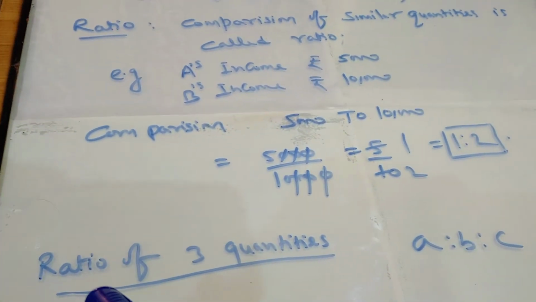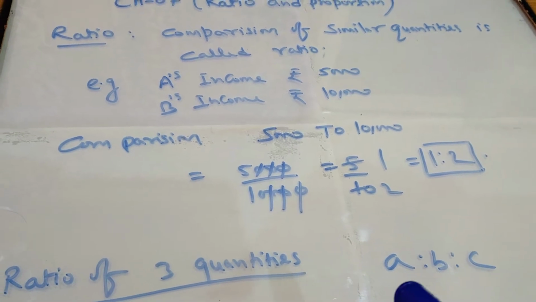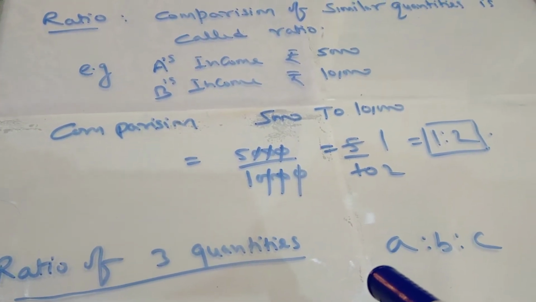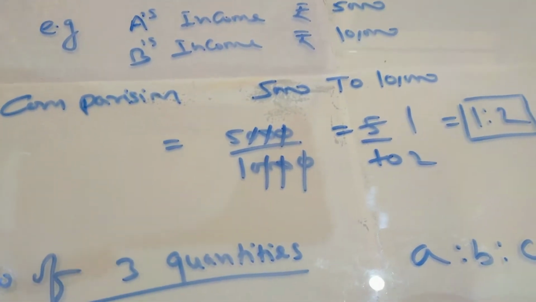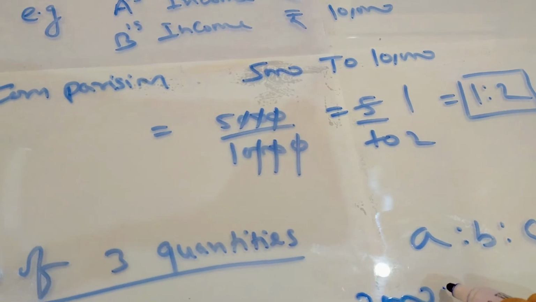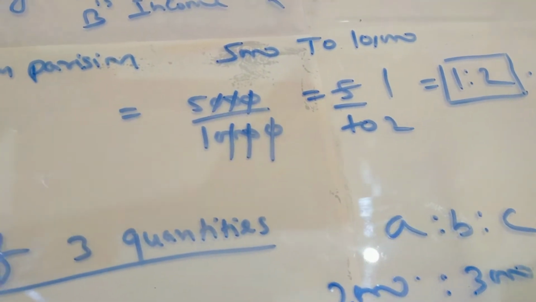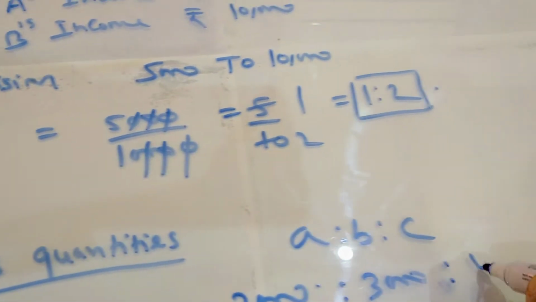Now if you are comparing three quantities, you should write A is to B is to C. In comparison, one more thing you should know, the common portion has to be cancelled out. Suppose we are going to compare 2000 with 3000 with 4000.